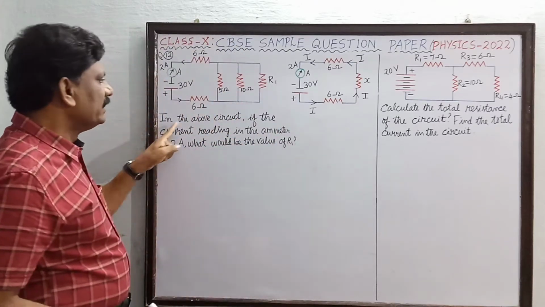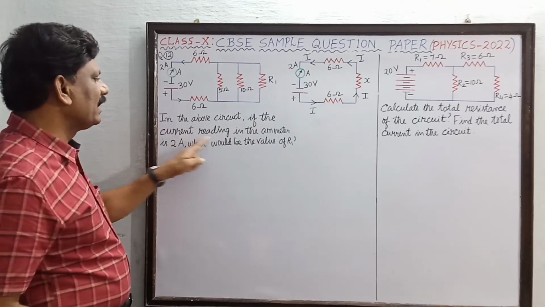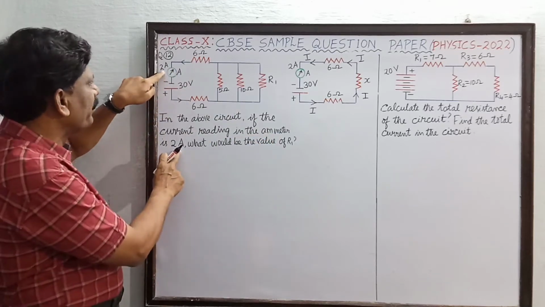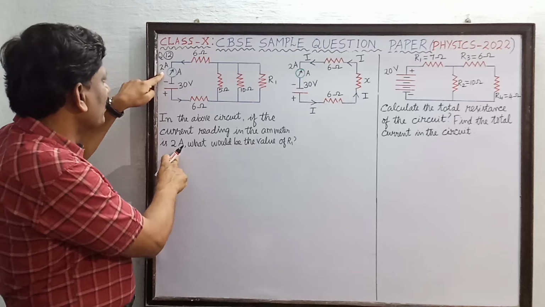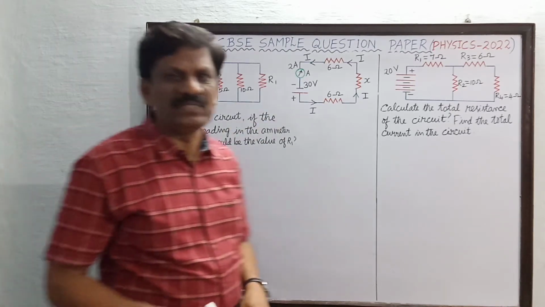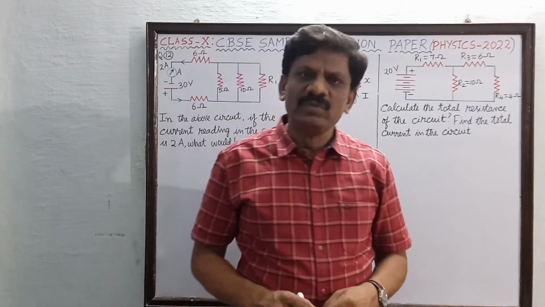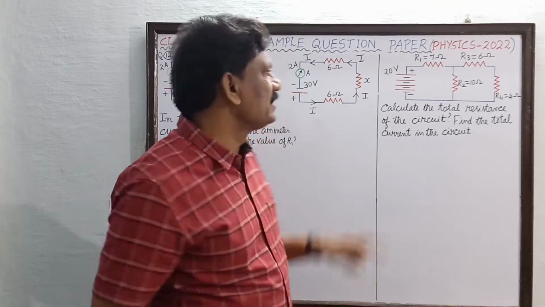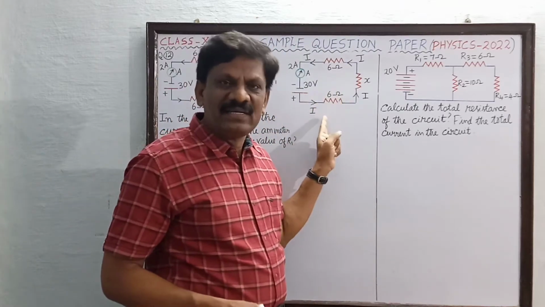You see here in the above circuit, the current reading in the ammeter is 2 ampere. 2 ampere current is flowing. Then what would be the value of R1 is the question. Actually, it is an interesting problem. I have drawn the equivalent circuit. Have you understood it?